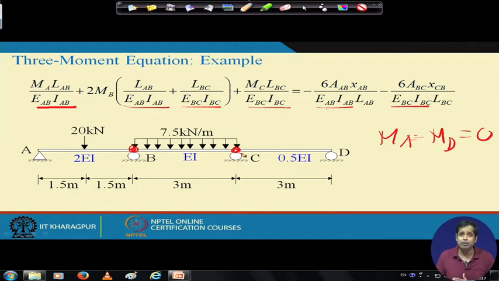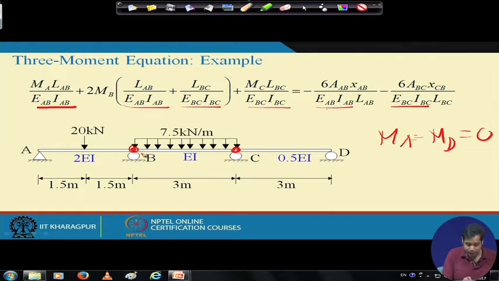The entire process is exactly the same as what we did in the previous class. The only difference is that in the previous class, since all EI were constant with the same value, we did not write the equation in terms of EI, but now it is different.